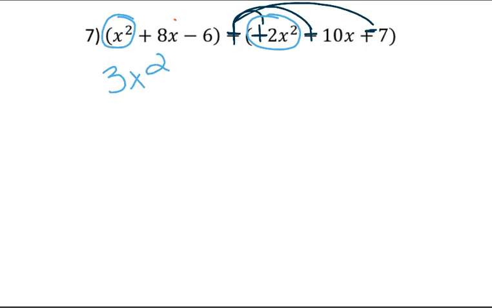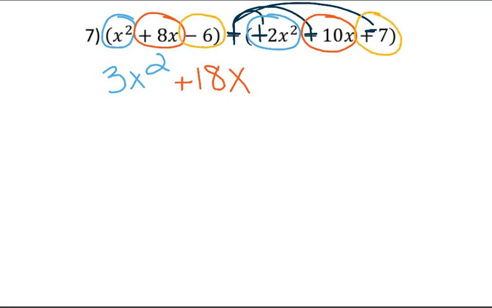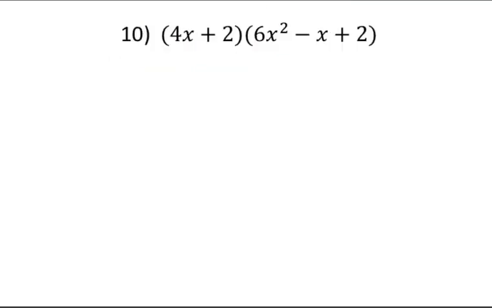My next biggest exponent is a positive 8x and a 10x, which combines to be 18x when I add them up. My last two is I have a negative 6 and a negative 7, combines to be negative 13. And that is everything. So that's all you do for adding and subtracting is combine your like terms.